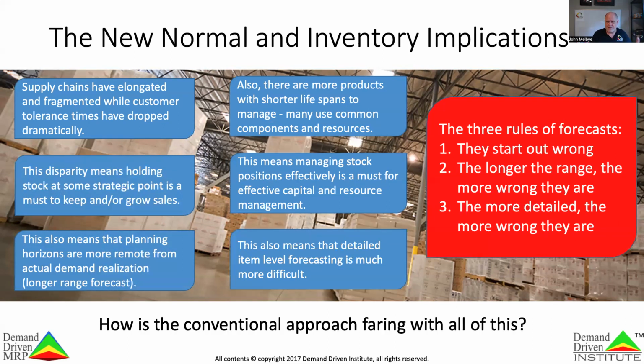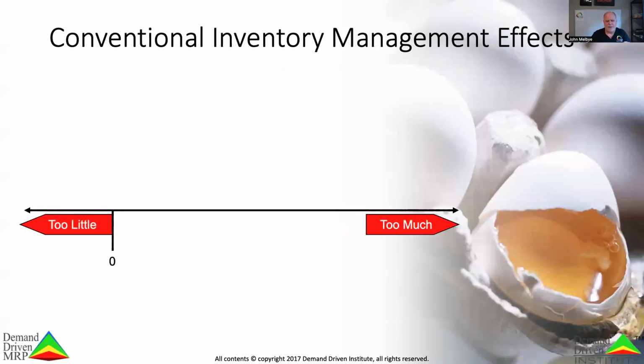So conventional MRP depends on those forecasts being correct, and yet the situation we're living in is making them less accurate. Well, let's start here. I think we can all agree that there are two universal points of inventory.